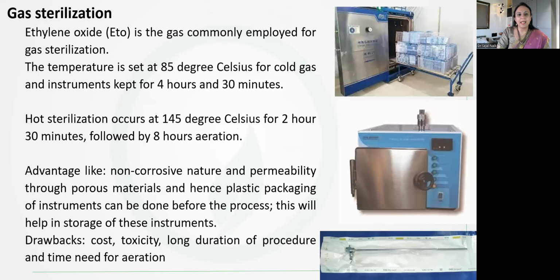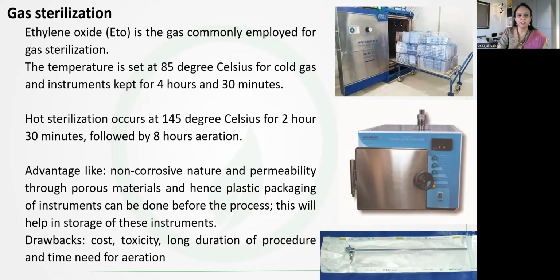The other is the gas sterilization, where you can store for a longer time, like days or months, because if you do not have repeated cases, this can be very useful, by plasma or gas sterilization. The temperature set is 85 degrees Celsius for cold gas, and instruments can be kept for 4 hours and 30 minutes. And hot sterilization can be required for 2 hours and 30 minutes, followed by 8 hours of aeration.